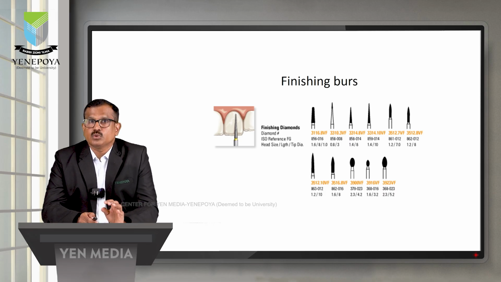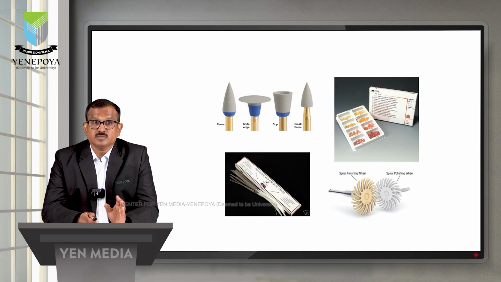While polishing, you can use initial finishing burs: start with the red banded ones for gross finishing, then go to the yellow banded ones, which are super fine, and then go towards the fill tips.